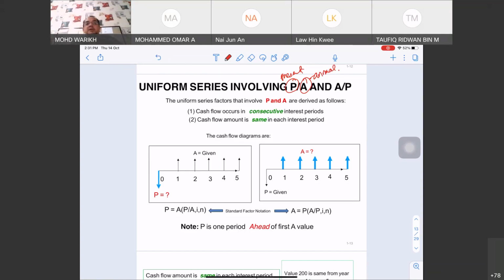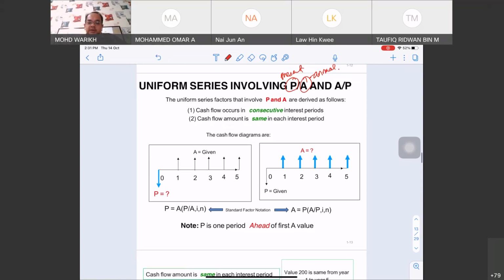Annual means per year. P is the present. You can see from the table, P over A is like this. So you have to find P, A is given, or you have to find A, P is given. That means annual, every year.